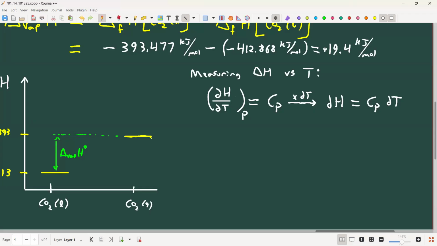What I want to think about now is how much the enthalpy changes as I change the temperature by some fixed amount from initial to final, some macroscopic change in my temperature. In order to calculate the accumulated change of my enthalpy as I accumulate change in temperature, I have two differentials and I want to accumulate them. That means I just have to take an integral of both sides. So I need to integrate both sides.